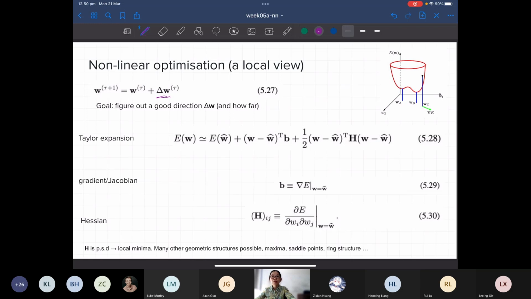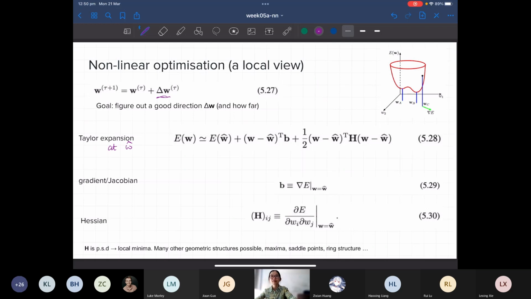So we resort to the classic tool of Taylor expansion at a point W hat. In the neighborhood of W hat, we can expand E of W into the value at W hat, and then the first-order term, basically the difference between W and W hat times B, plus the quadratic term.